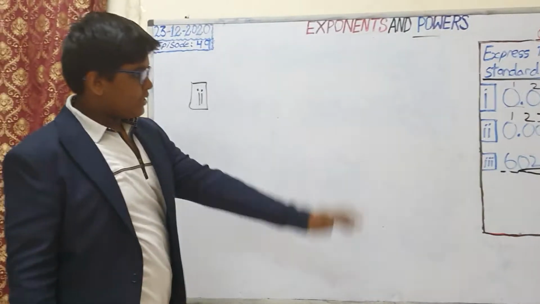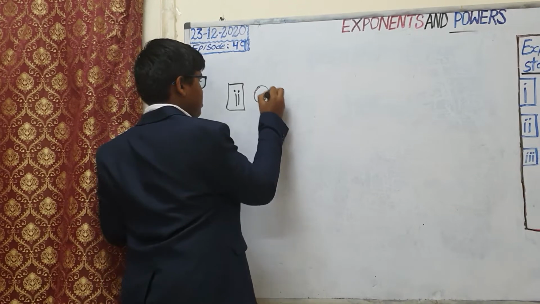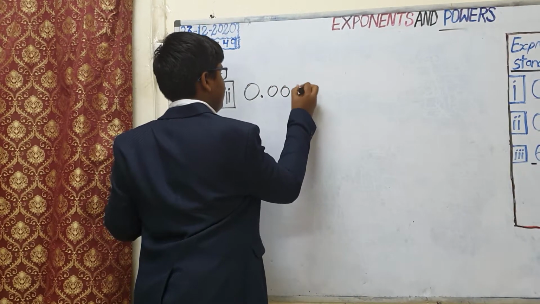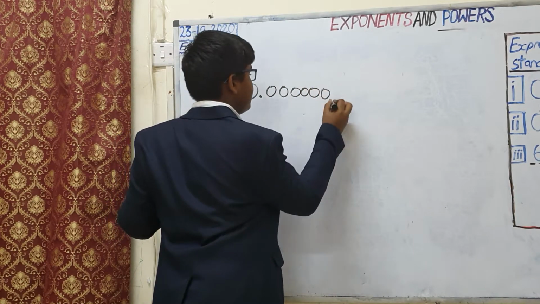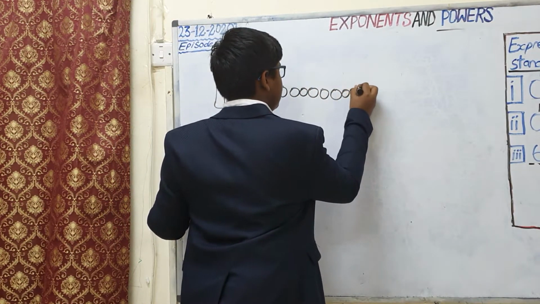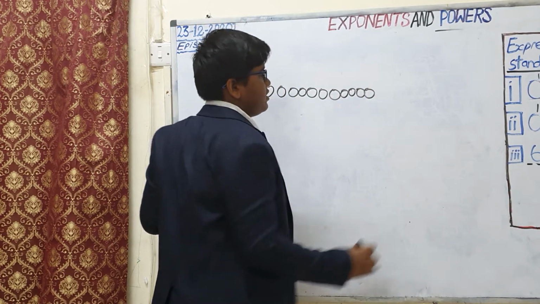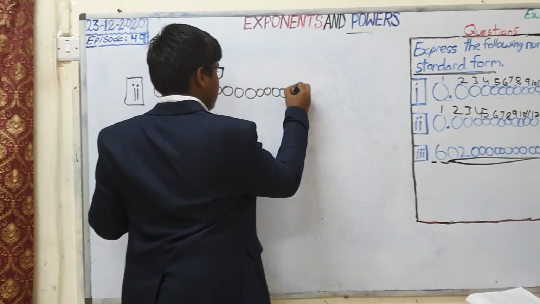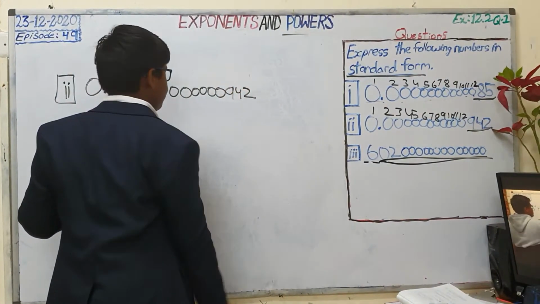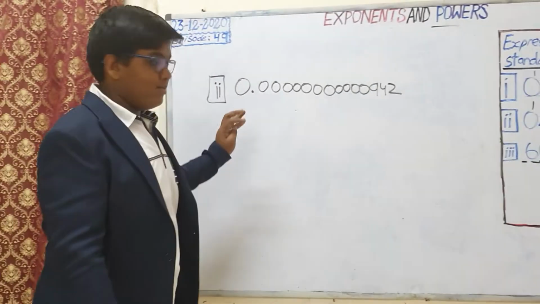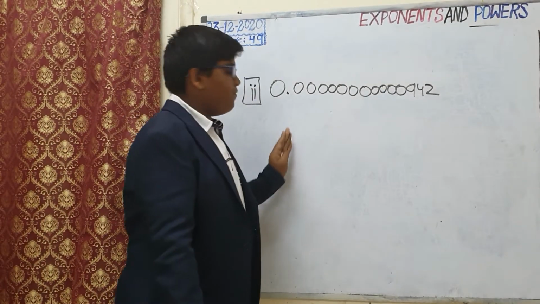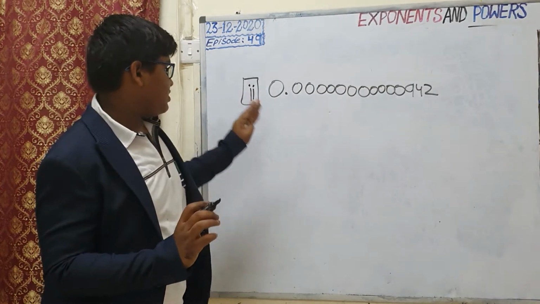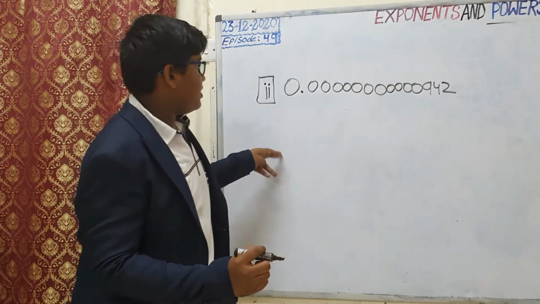Okay, now let's first write the question as it is. 1 2 3 4 5 6 7 8 9 10 11 12. We have 12 zeros, that's why we are taking 12 zeros. Then 9 4 2. Now the second step: when we cancel these zeros, we have to get a decimal point. So where are we going to put the decimal point?